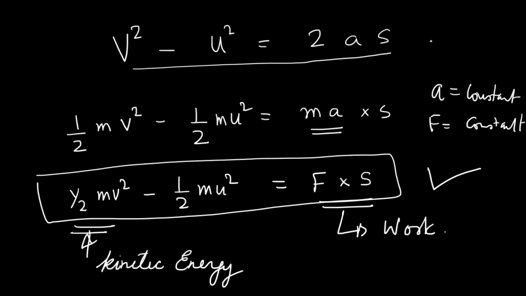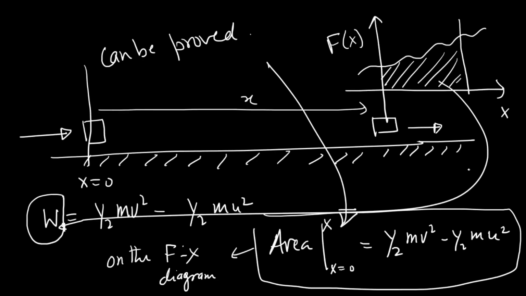This is the only time we've actually proved it and said that the work energy theorem is a consequence of Newton's laws. And by the way, here's where we've used Newton's laws. Now I'm making a statement that I can prove this theorem.